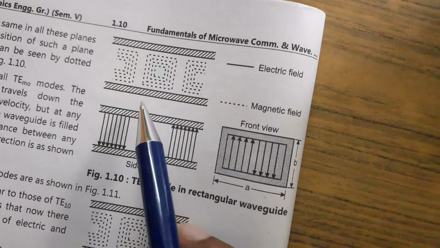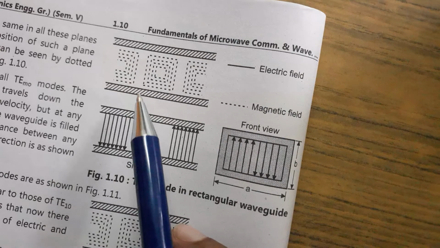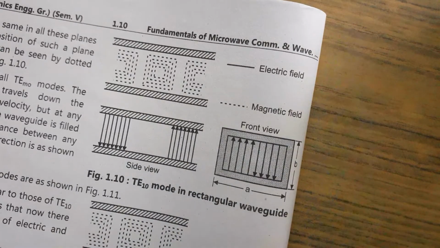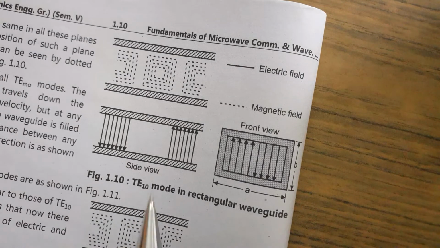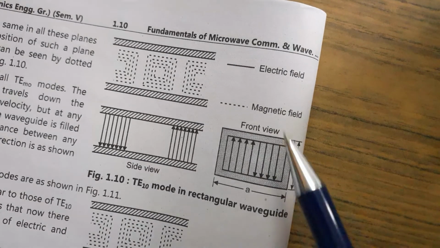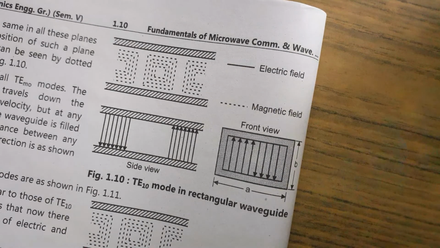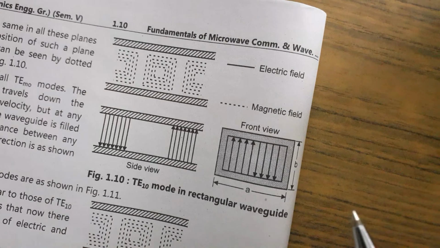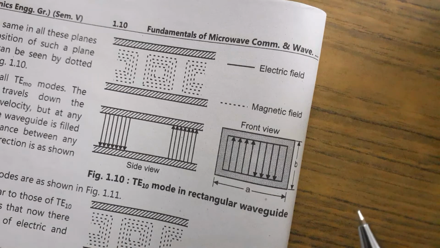We have the cross-sectional area for both the electric fields and magnetic fields. So you will observe TM10 modes. This is applicable to all TM10 modes: the whole configuration travels down the waveguide with group velocity, but at any instant of time, the whole waveguide is filled by these fields. Okay.